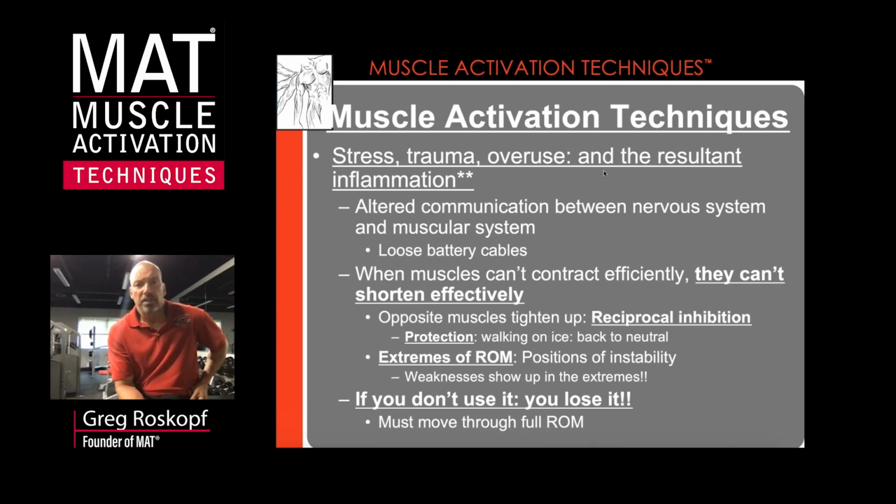So when you have this altered communication between the nervous system and the muscle system, muscles can't contract efficiently, so they can't shorten efficiently. When they can't shorten effectively, through reciprocal inhibition, the opposite muscles tighten up. So it's a protective tightness on the opposite side of the weak muscles.